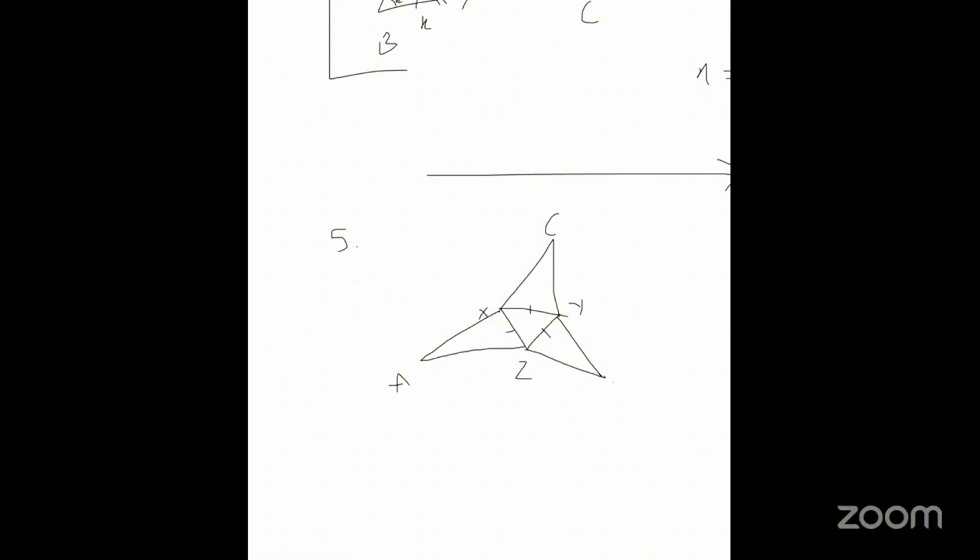Okay, and then you join A and E, but then you have a B and D somewhere. So this is B, this thing over here, which is D. So we have all of this.